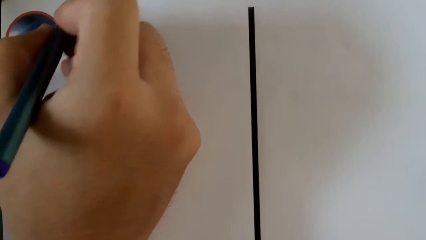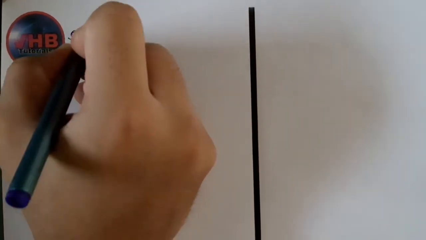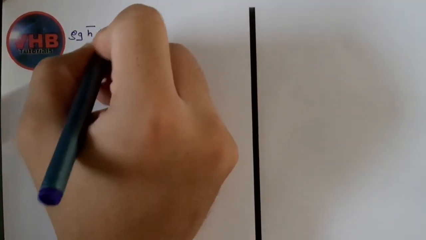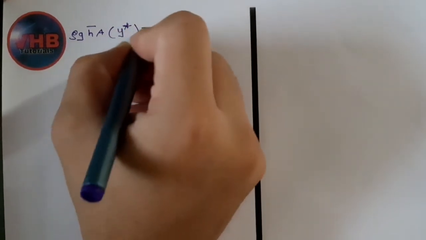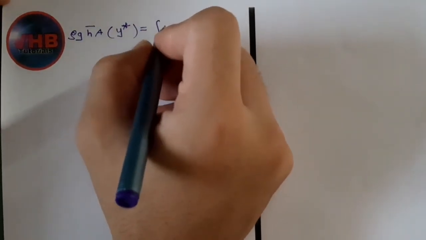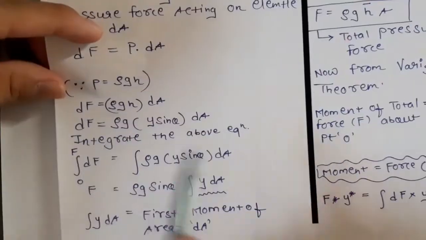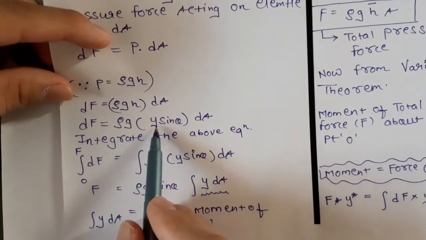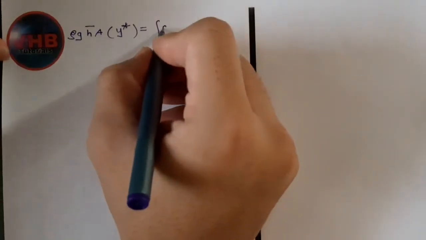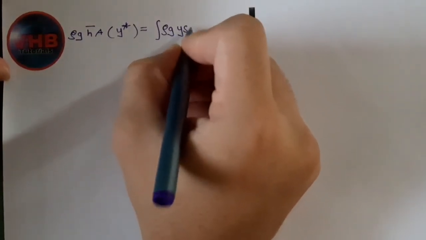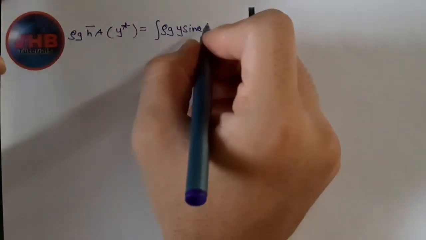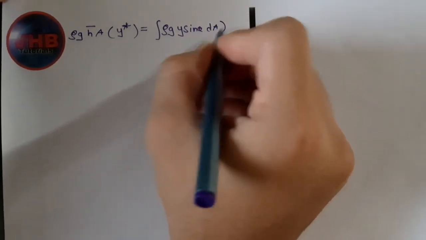So now what is F? F we had found, that is rho g h bar into A into y star, which is equal to the integration of dF into y. What is dF? We can find dF. dF is equal to rho g y sin theta into dA, so rho g y sin theta into dA into y.